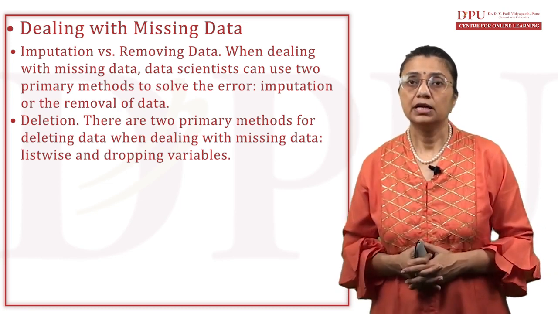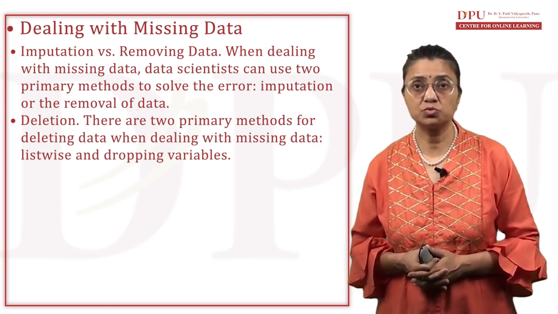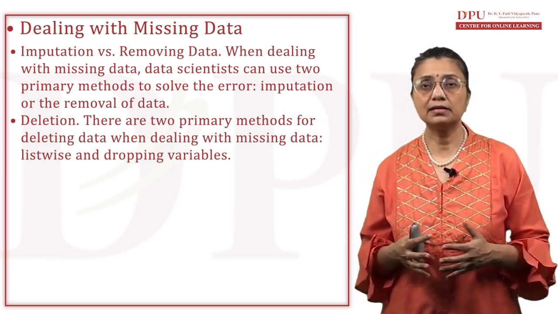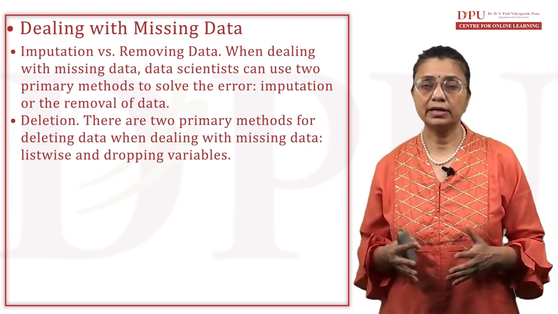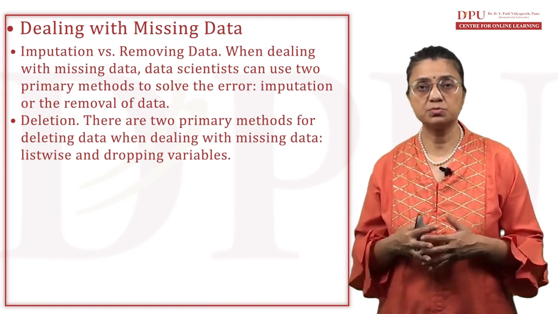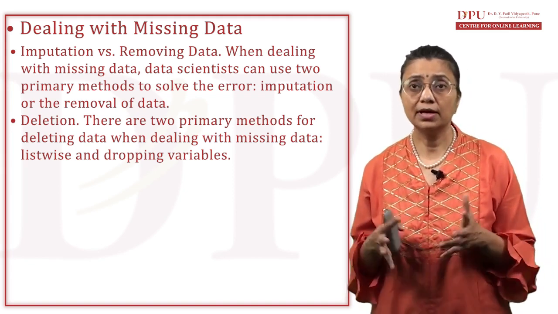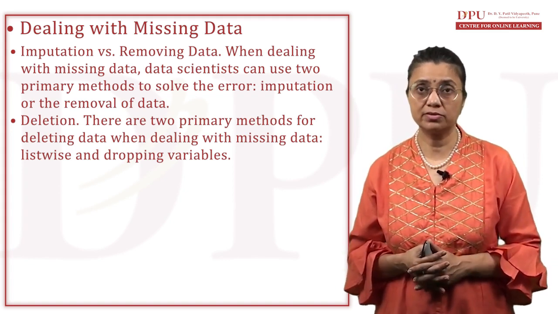For example, if a particular variable has a lot of values which are not available, we can drop that variable. For example, if in an address the city is missing, or the country is missing, or the state is missing, then there is no point keeping that data in your final result.